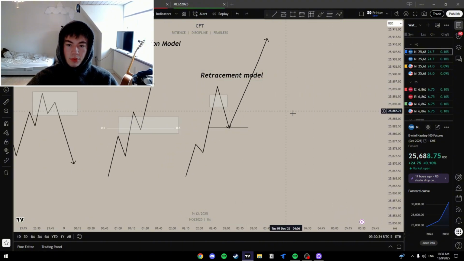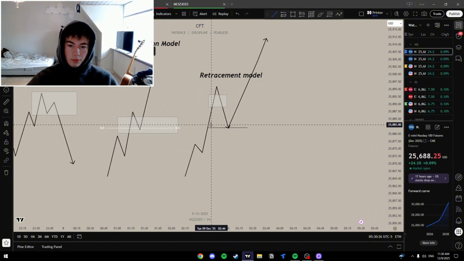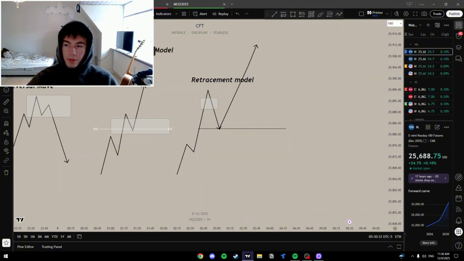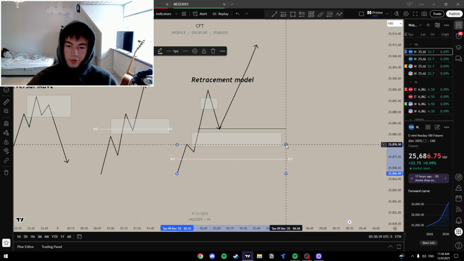Let's say that we made some equal lows or something down here, because that's a very strong drawn liquidity, or just a fair value gap or an unstabilized EQ or something.